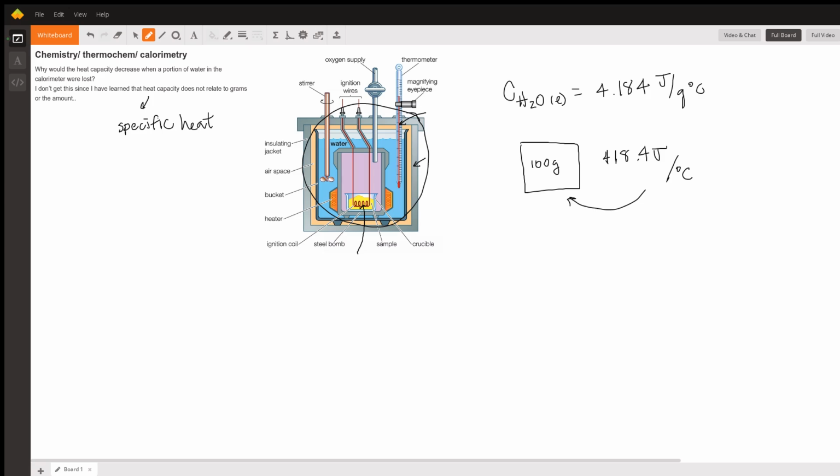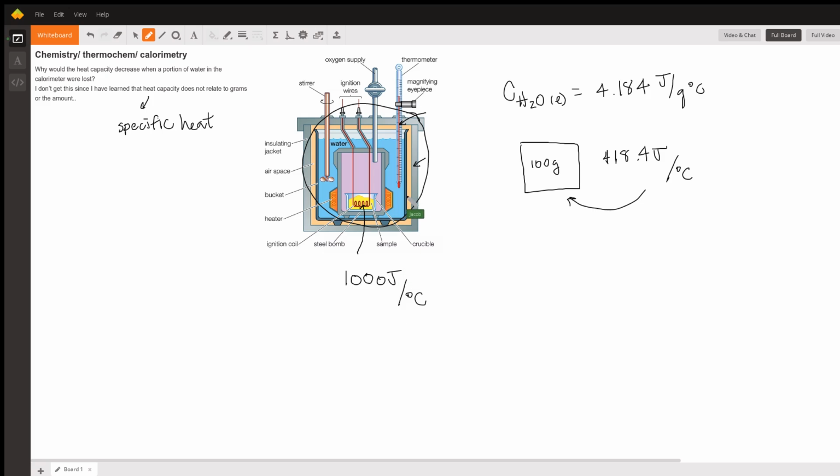And that takes into consideration all the specific heats of the substances and the amounts of those substances with which the calorimeter is made. So if I find, let's say, that it takes, say, 1,000 joules to raise its temperature by 1 degree Celsius, well, that is for one specific calorimeter that has a certain amount of metal and a certain amount of water.